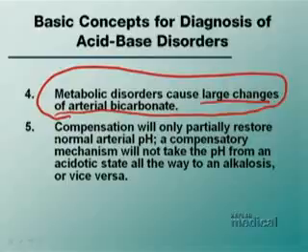And the other point is compensation. Compensation acts to restore normal pH. However, even the best compensation only partially restores arterial pH. It won't take the pH all the way from an acidotic state and go to an alkalosis.